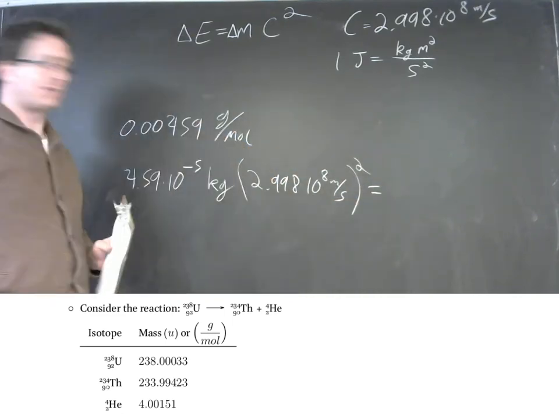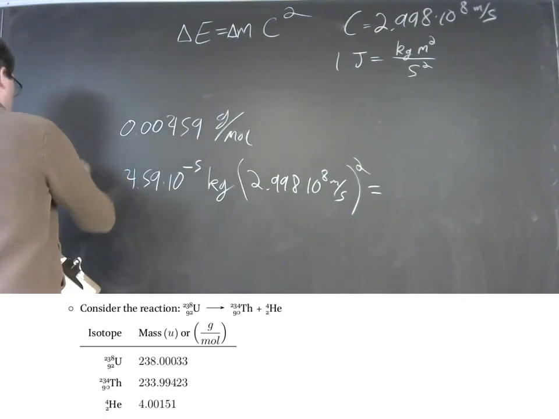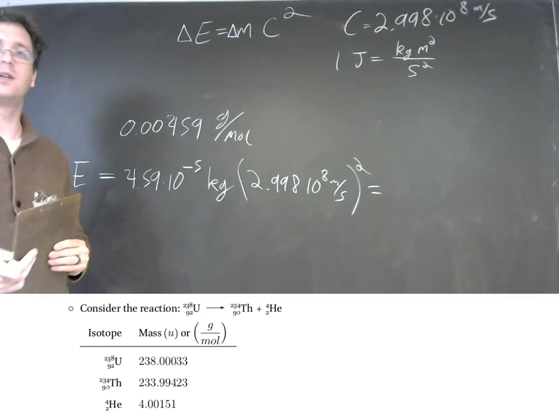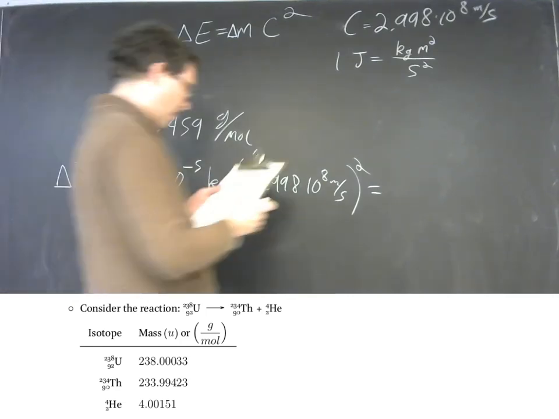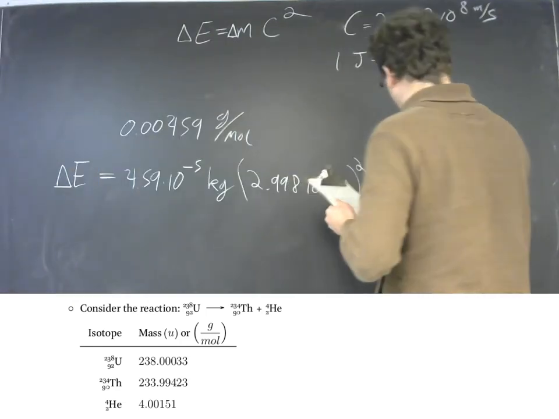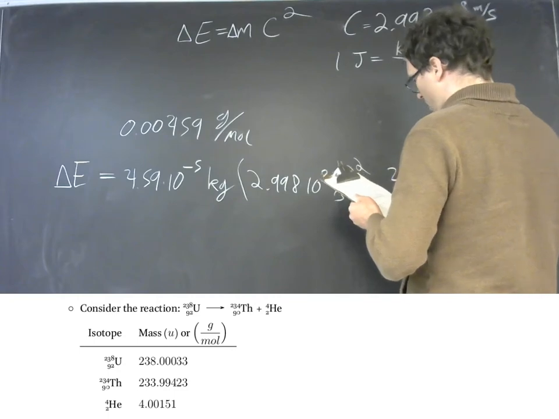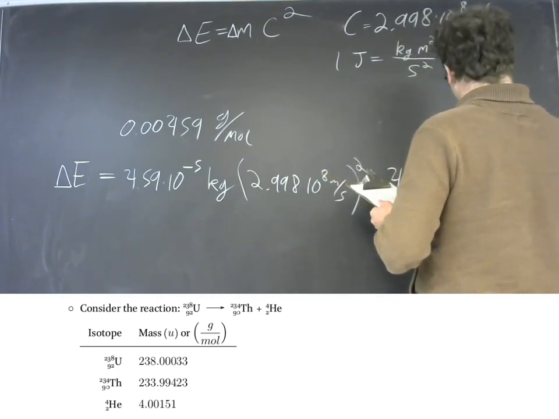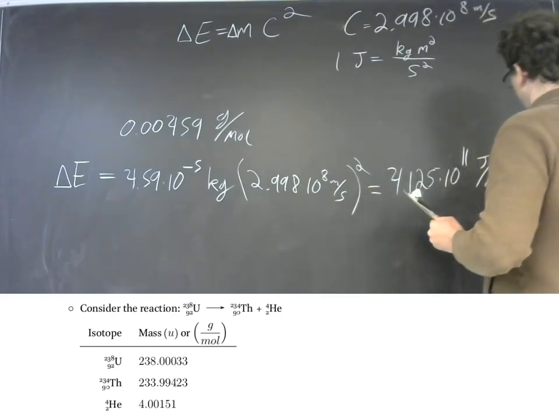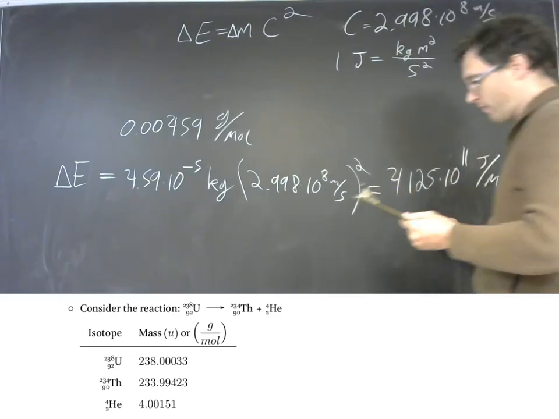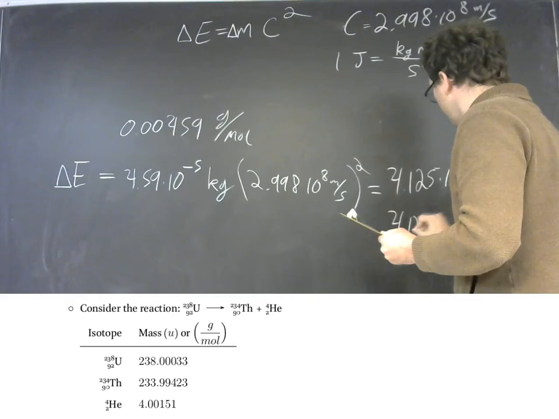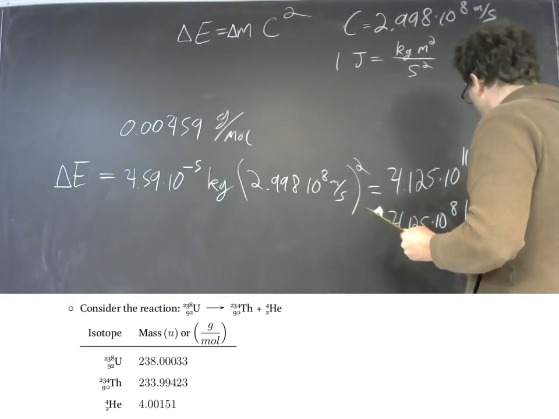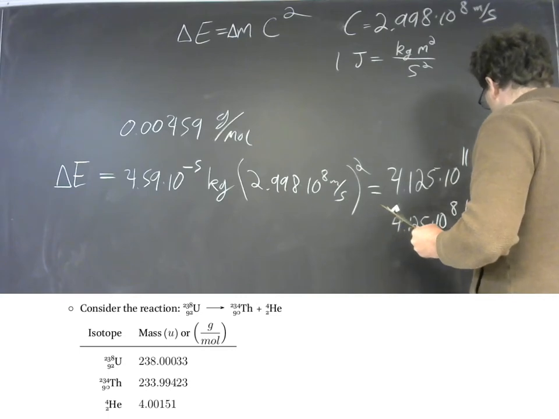And that's going to give us the energy that is released through this reaction. It ends up being 4.125 times 10 to the 11th joules per mole, or 4.125 times 10 to the 8th kilojoules per mole.